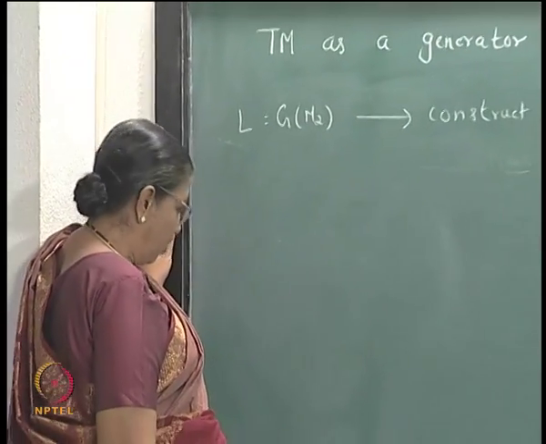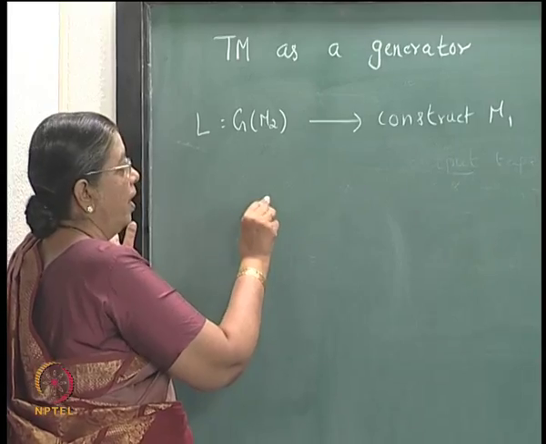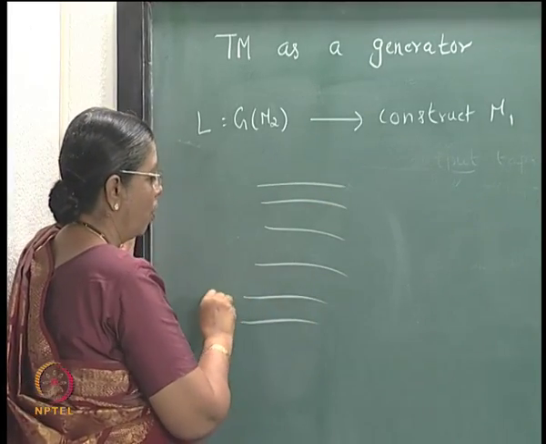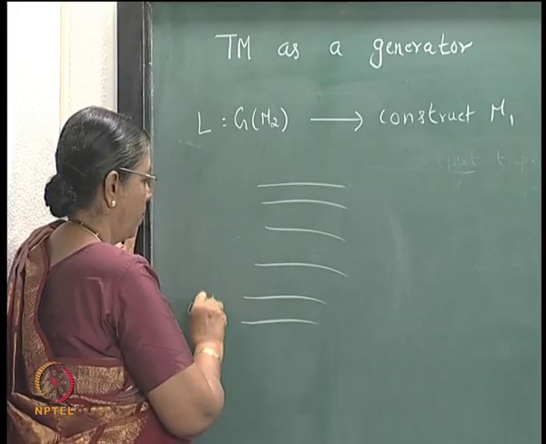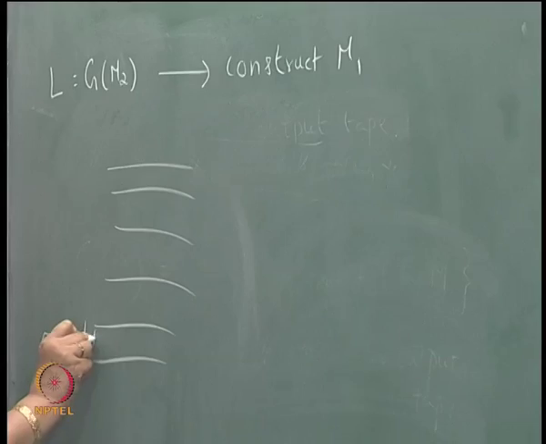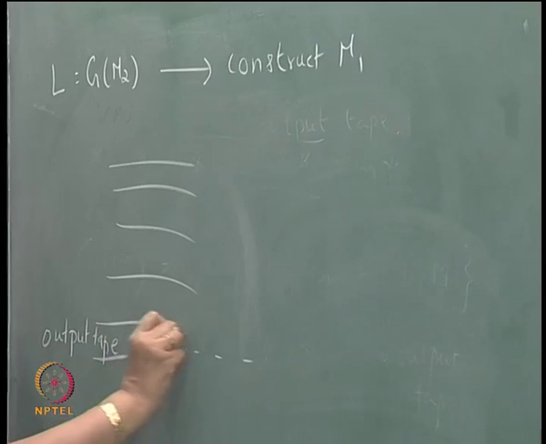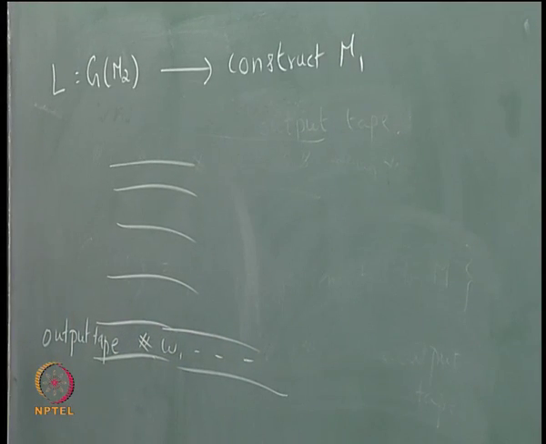Now, how do you go about this? You have a Turing machine, it can have many tapes, but one output tape where strings will be printed. Now, how do you construct M1 which will accept the same language?